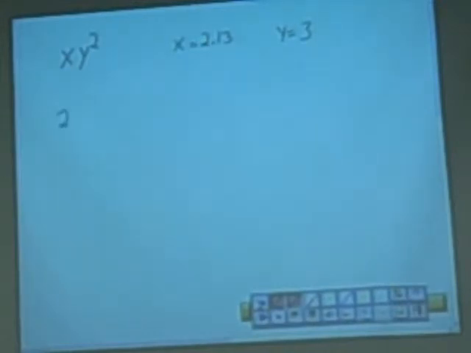Put in 2.13, and what are we doing between the x and y? Multiply, right? Parentheses, put parentheses squared there, put the 3 in there. Okay? So our order of operations tells us we're going to work the exponent first. Exponents are first, right? So 3 squared is 9, right? That's 3 times 3 is 9.